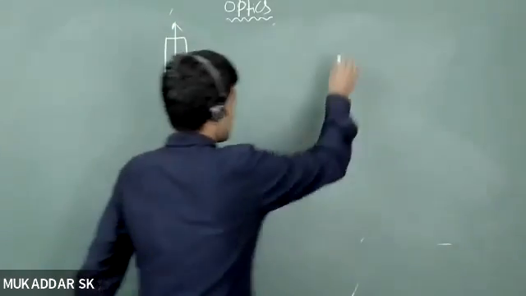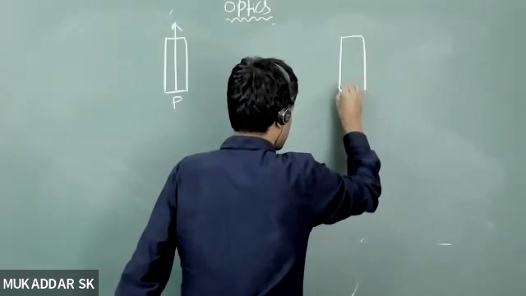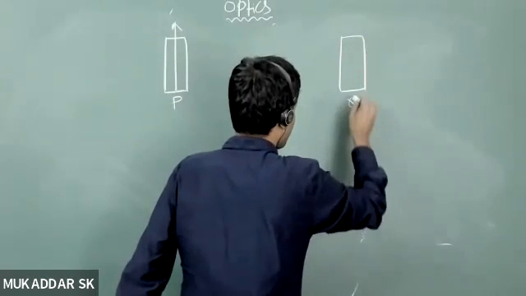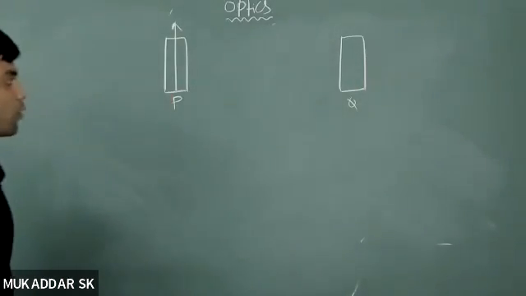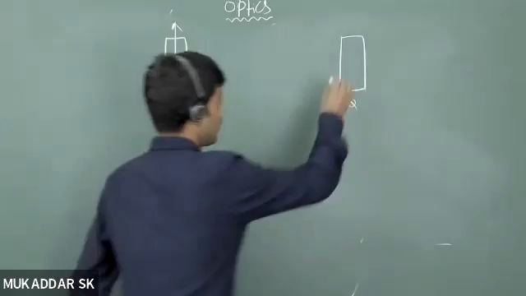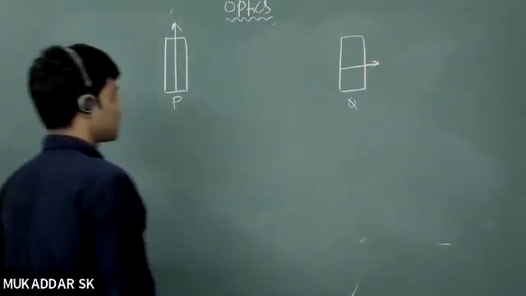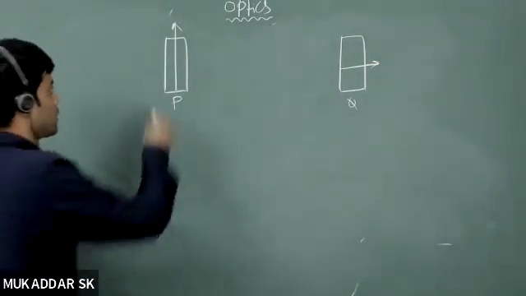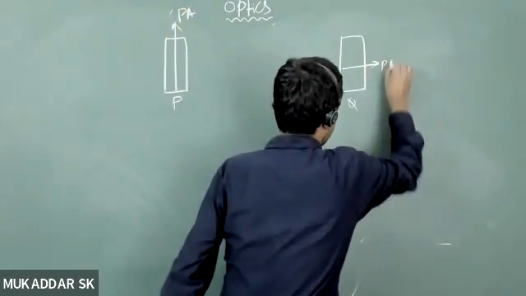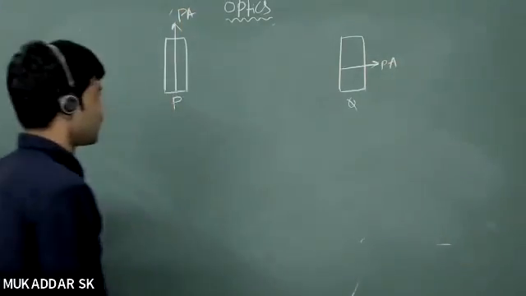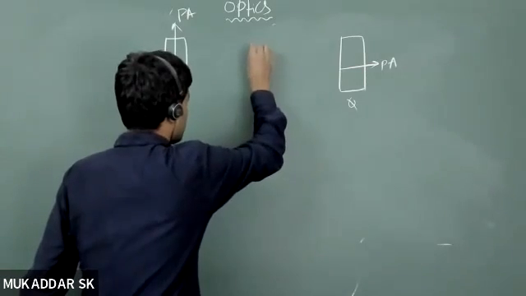You have another polarizer Q, and the pass axis of polarizer Q is perpendicular to the pass axis of polarizer P. Now there is a quarter wave plate.